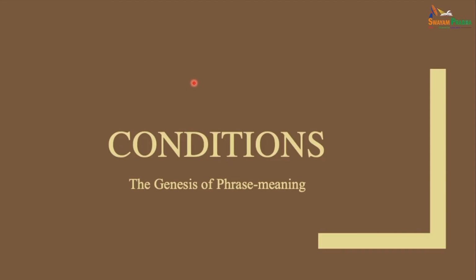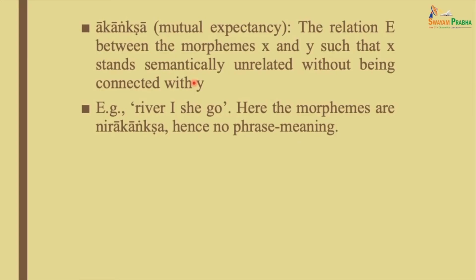The conditions. What makes a phrase a proper phrase? That is semantically fit. Before I understand a phrase, it must be proper. What makes a phrase proper? There are 3 conditions, but 2 are very important. We are going to read the 2. One is akanksha, or mutual expectancy. What does that mean?